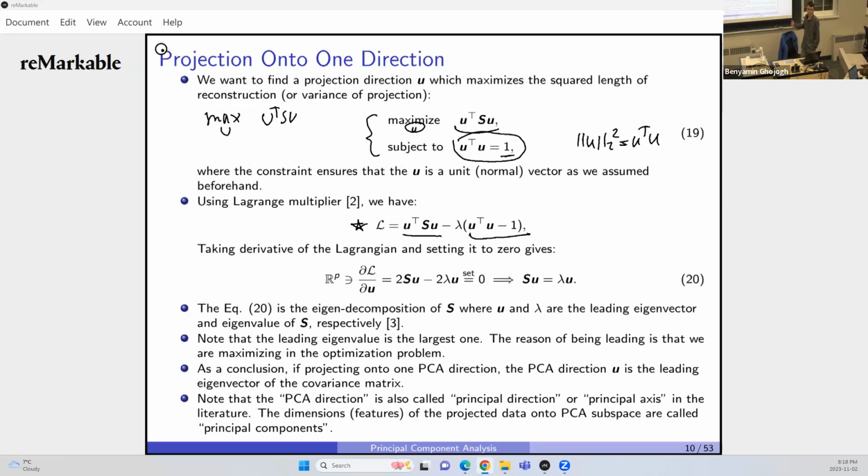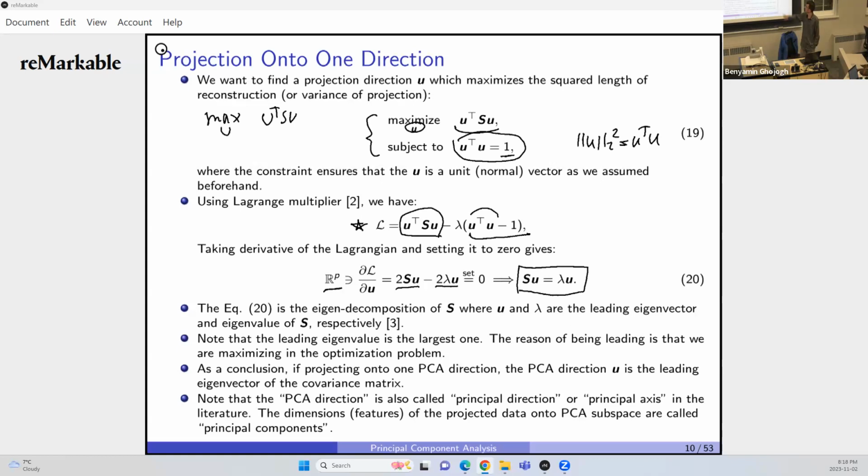Take the derivative with respect to the optimization variable, U. We know that U here is a p-dimensional vector. The derivative of a scalar with respect to a p-dimensional vector is a p-dimensional vector. This is quadratic with respect to U, so it becomes 2SU. This is also quadratic with respect to U, so it becomes minus 2 lambda U. Set it to 0, and it becomes SU equals lambda U.